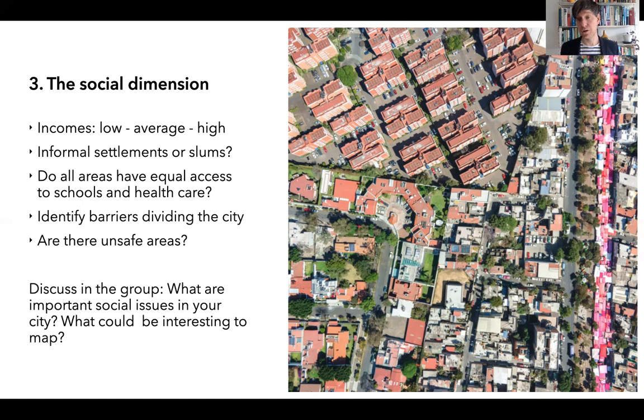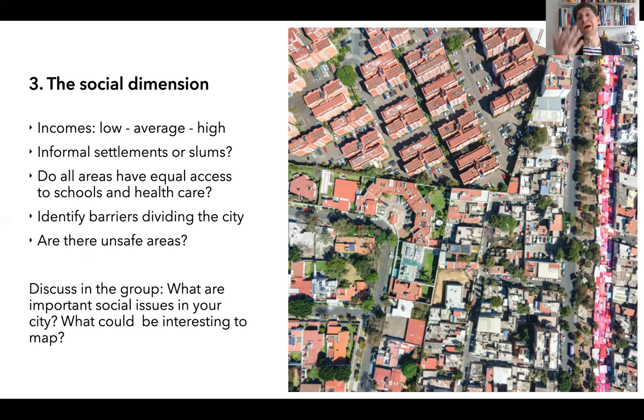Or are there areas where there are no schools and it's actually difficult for the children to get to school because of this lack? Are there physical barriers that are dividing the city, so it's difficult to walk from one part of the city to another? Are there some unsafe areas that you know about that are very much considered the unsafe areas of your city?